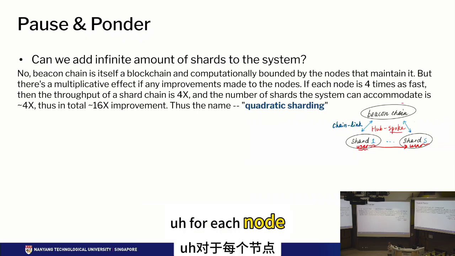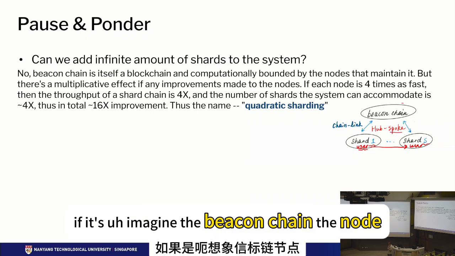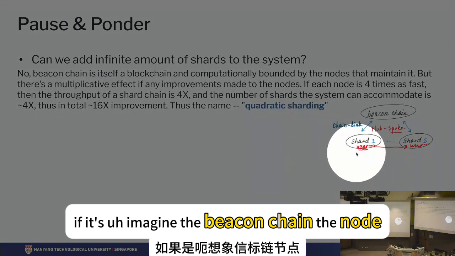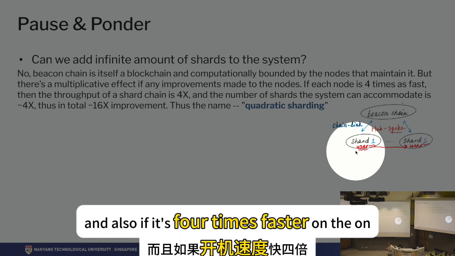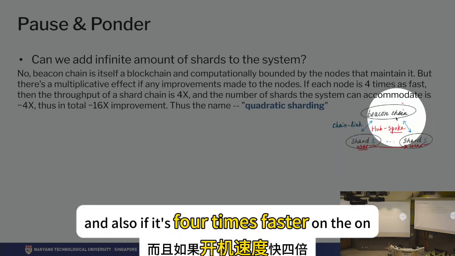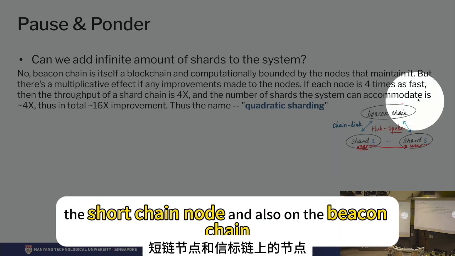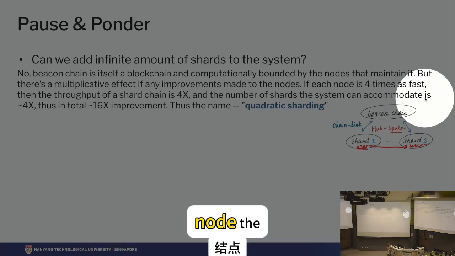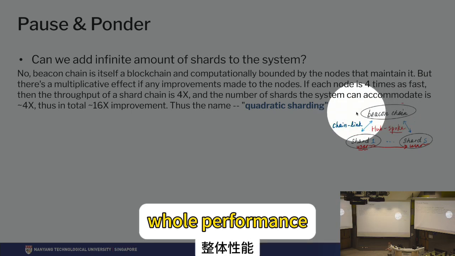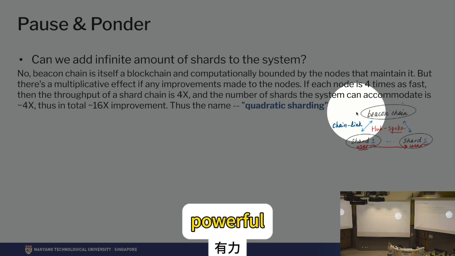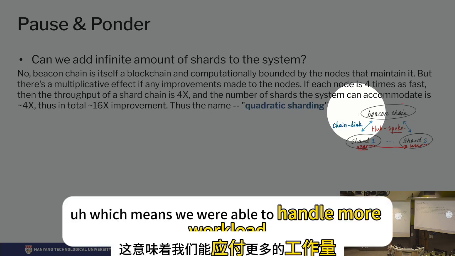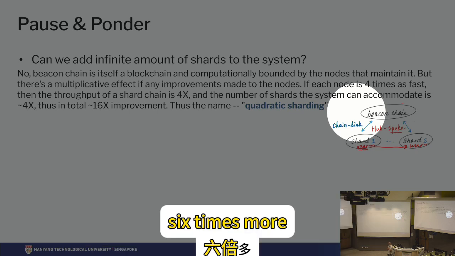For each node on the beacon chain, imagine if it's 4 times faster on the beacon chain node, and also 4 times faster on the shard chain node, the whole performance for the blockchain will be 16 times more powerful, which means they are able to handle 16 times more workload.